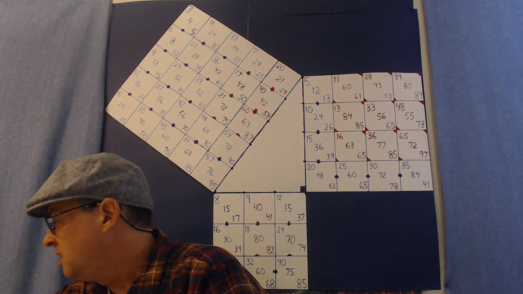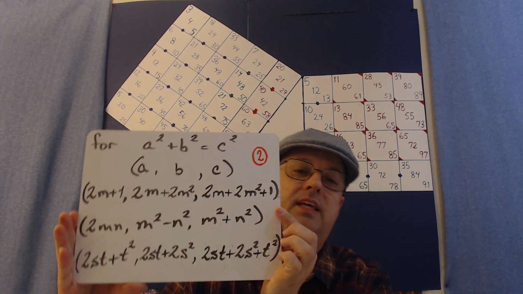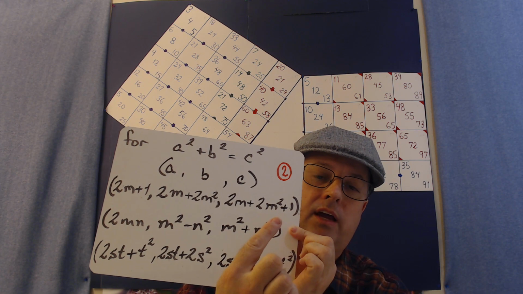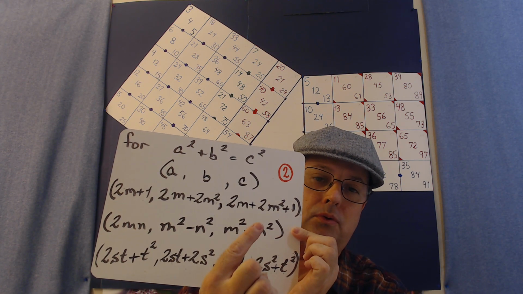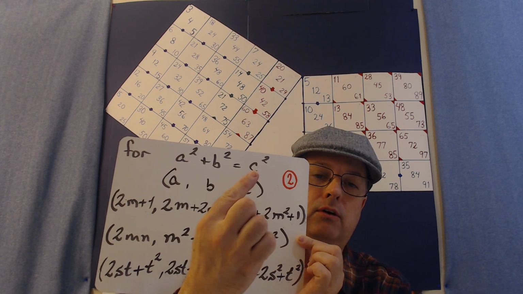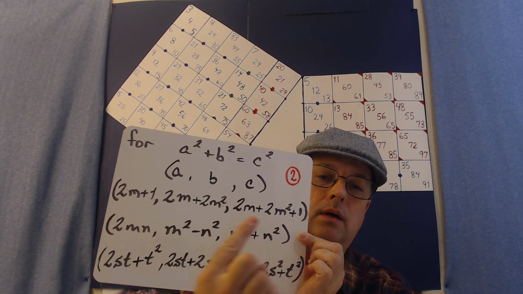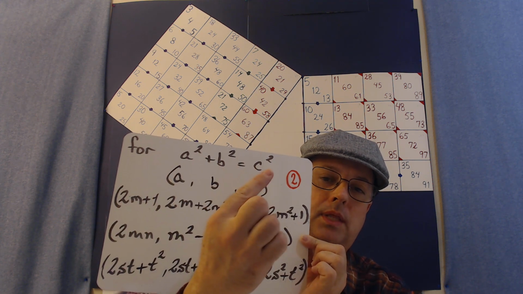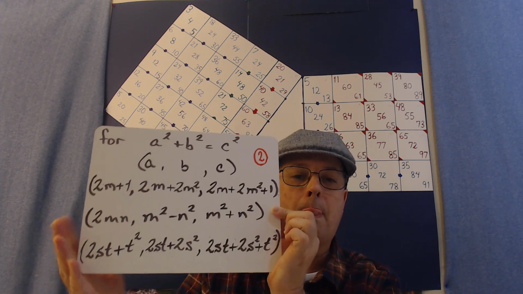Now previously we talked about these three formulas that will generate the Pythagorean triples. So not only is there the Pythagorean theorem, but there are formulas that generate Pythagorean triples for the Pythagorean theorem.